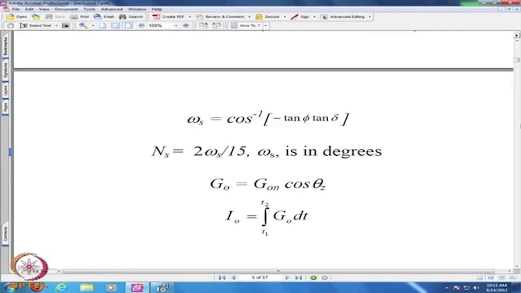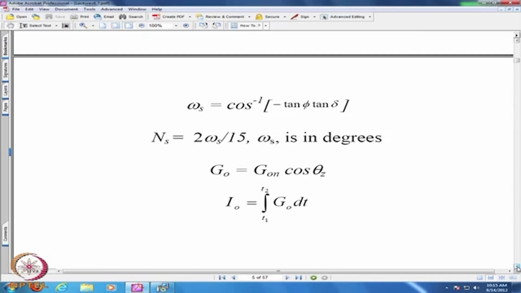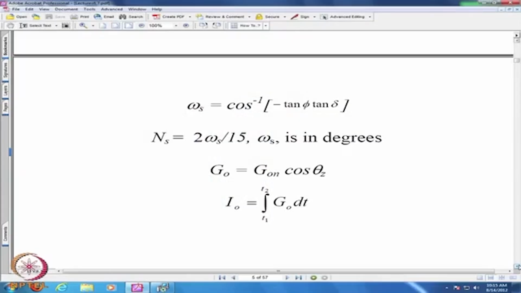And then from the G On, that is the plane being normal to the sun's rays, we calculate the horizontal radiation under extraterrestrial conditions, which is nothing but geometrically G On times cosine of theta z. There is a reason for particularly defining the horizontal radiation, because most of the measurements that are available will be on a horizontal plane. So, you will have a comparison point on the extraterrestrial conditions, that is what the radiation will be if the atmospheric transmittance were unity.